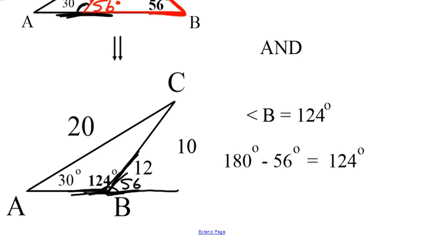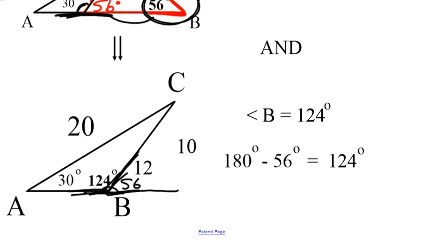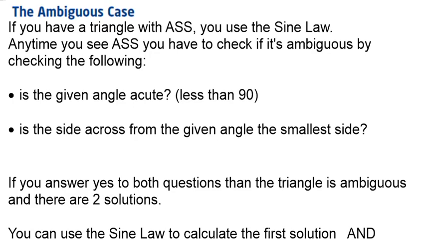So we still use this 56 for the first triangle, and then we use it to help us find the angle in this second possible triangle, an ambiguous case situation.